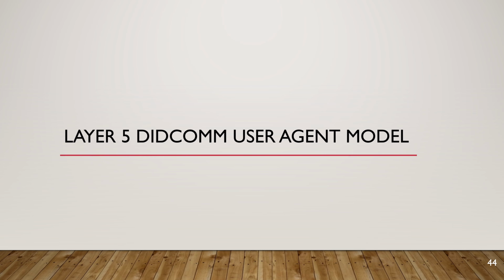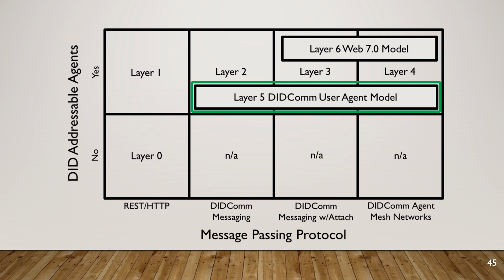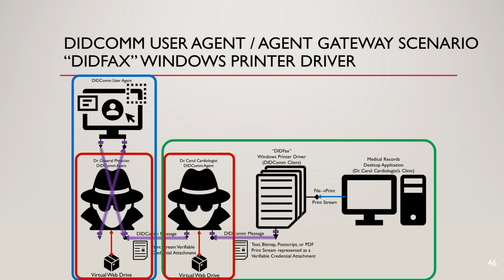Layer 5, the second last layer. Here what we're doing is adding again a specialization of the DIDComm agent, where a DIDComm user agent is used to expose a user interface or user experience to humans that are trying to access the DIDComm network.